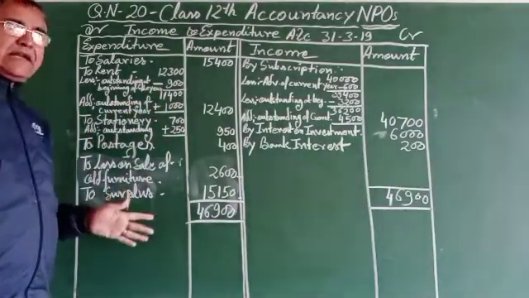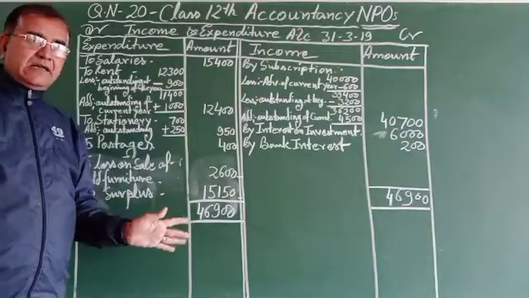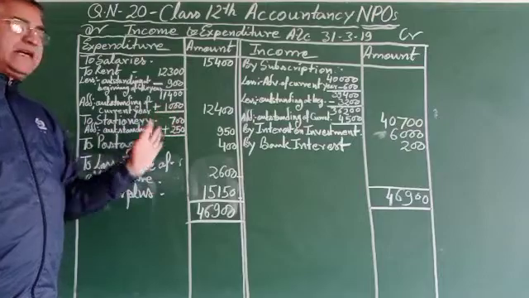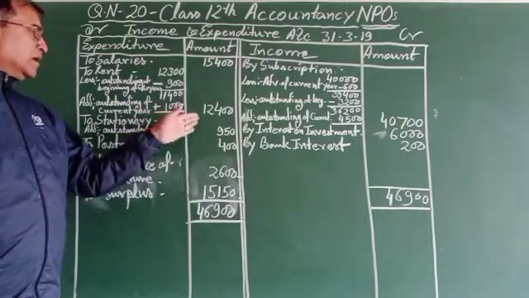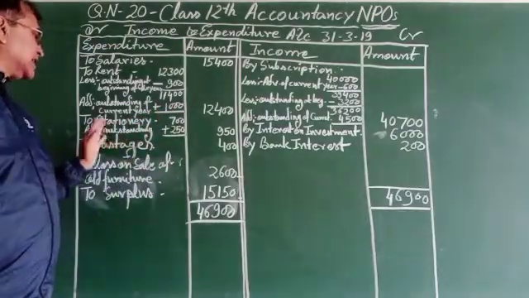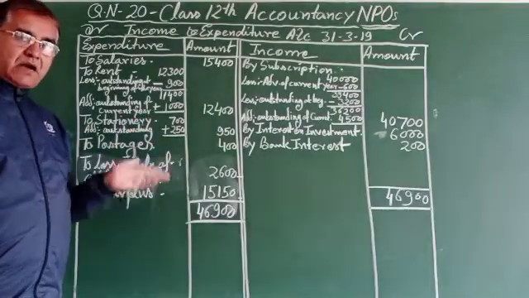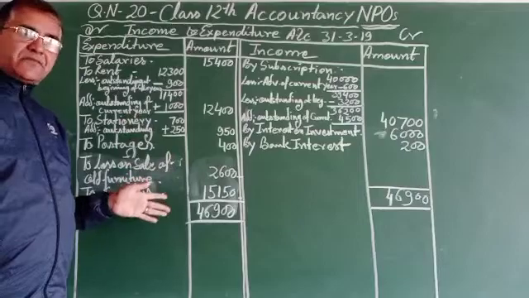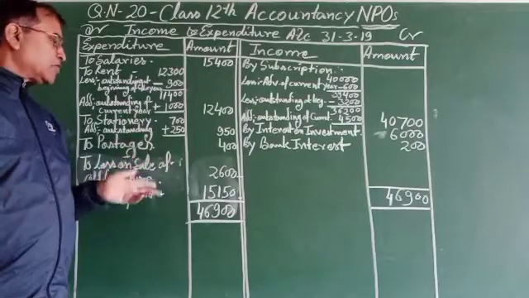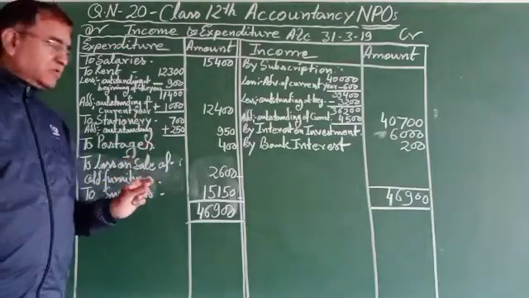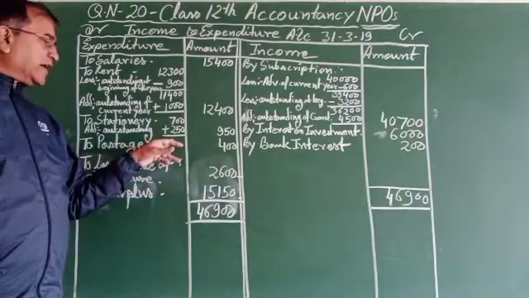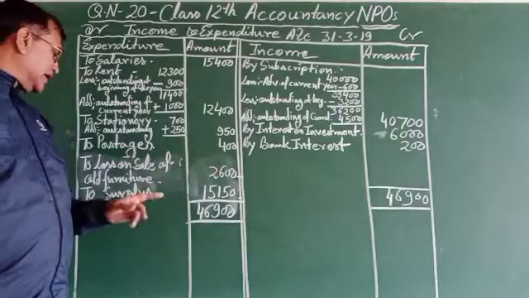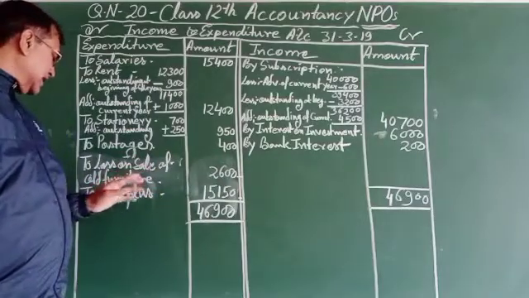And outstanding for the current year, that will be the expenditure of the current year, so 1,000 added. And then after the stationery 700 paid, that is given in payment column, and in additional information 250 is due. So it will be also added, 950.